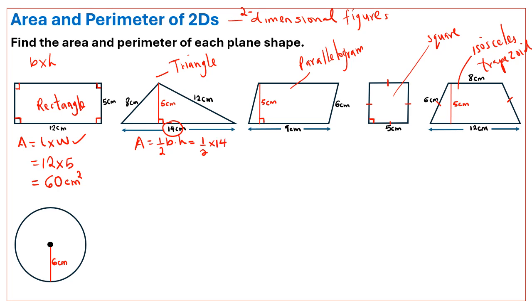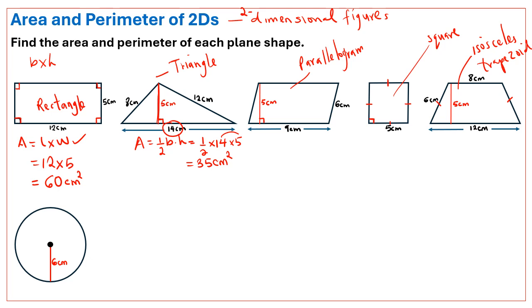The height is perpendicular to the base. The height and base are always perpendicular to each other, meaning that they intersect to make 90 degrees. So you can see the height right here. We multiply by 5, so 14 times 5 is 70. 70 divided by 2 is 35 square centimeters. We're just working on area for now, so we can come back and do the perimeter.